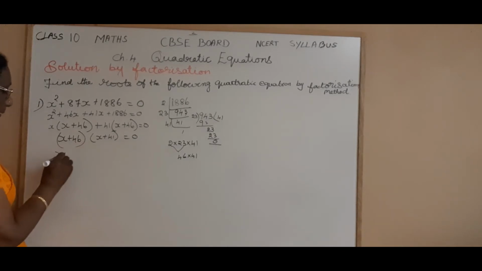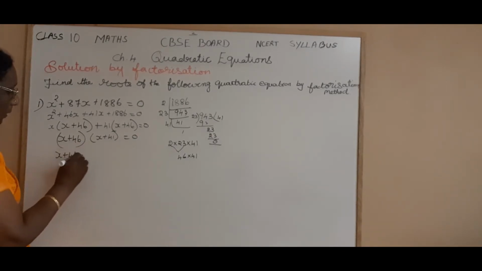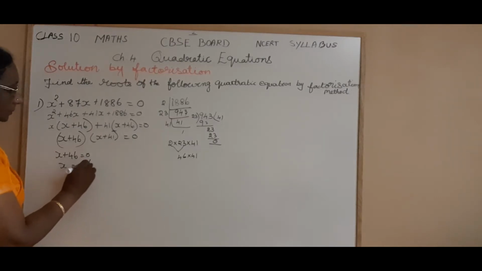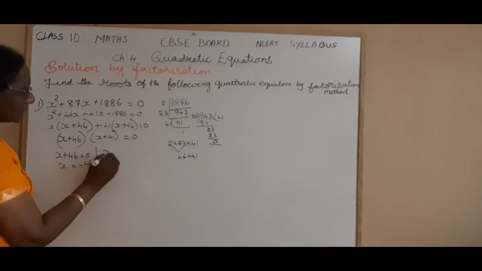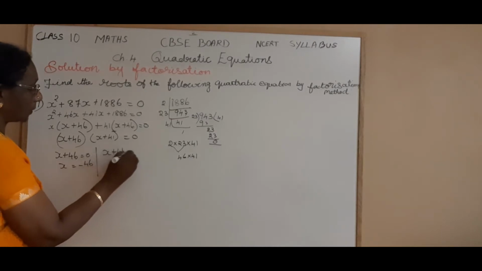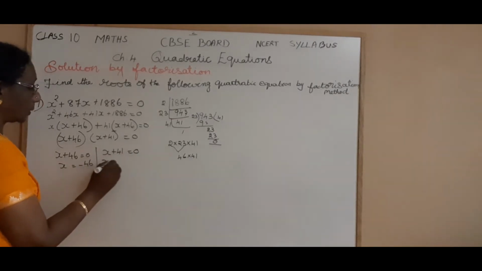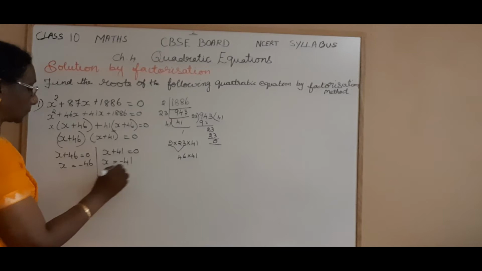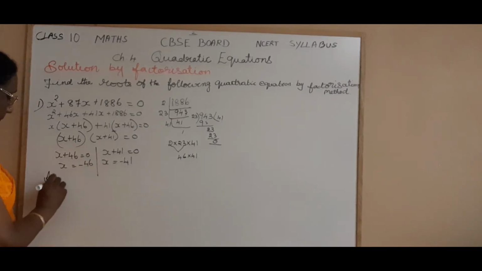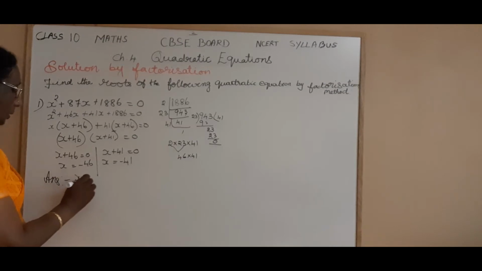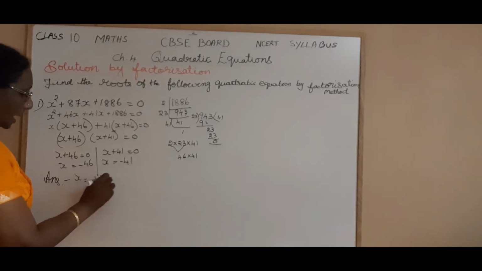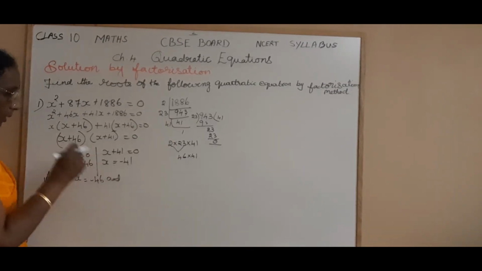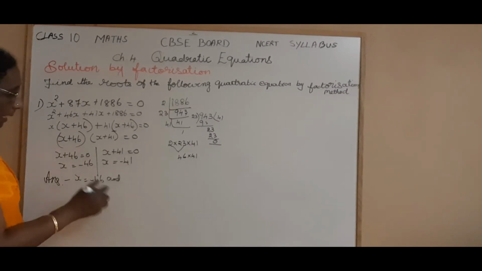Now if x plus 46 is equal to 0, x is equal to minus 46. If x plus 41 is equal to 0, then x is equal to minus 41. So answer: x is equal to minus 46, and it is very important, children, you should never forget to write the answer like this.